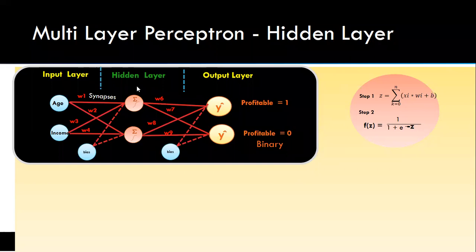You can have 0 or more hidden layers in a neural network. It is optional. But the importance of the hidden layer is that neural networks are able to capture very complex relationships and achieve exciting performance in many tasks. For that purpose, the hidden layer is important. It needs to be included.